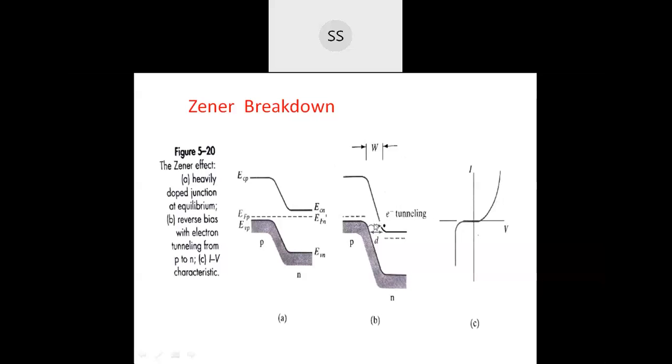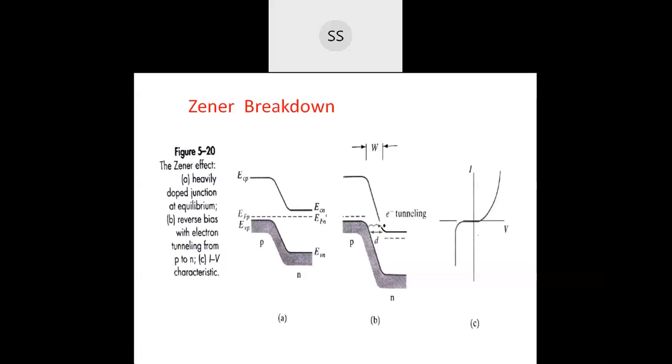When this gets very narrow, then the electron tunneling will occur. Now compare this picture with the equilibrium condition. Under the reverse bias effect, the barrier which separates these two bands is very narrow, and this is going to facilitate electron tunneling.